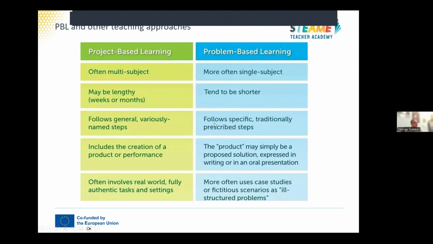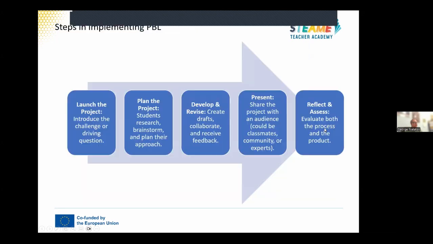Project-based learning is more general, and we have real-world problems in it, while problem-based learning can be more, let's say, fictitious scenarios, as illustrated problems to be addressed by the students.